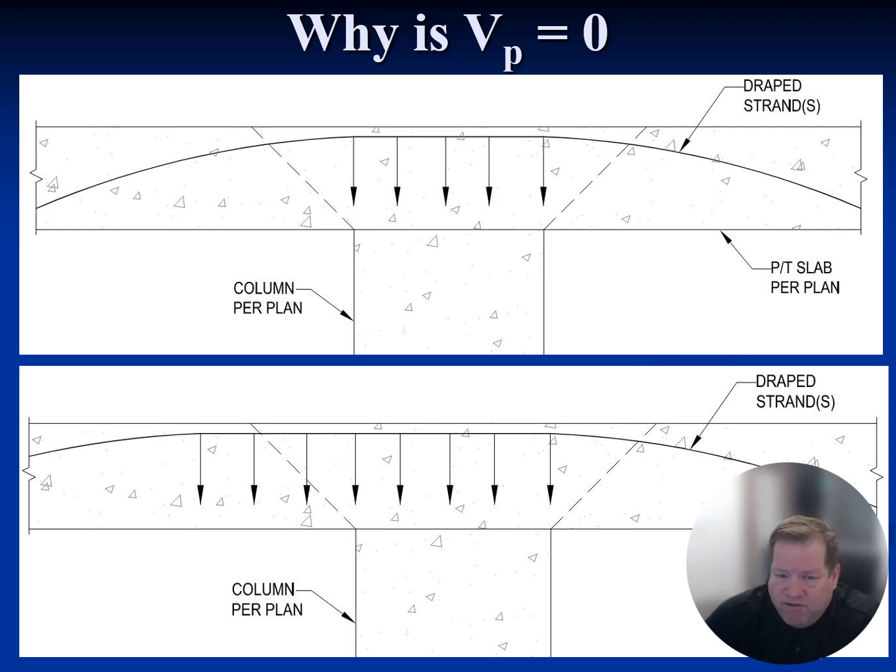So with all of this force, that component, you can increase the capacity, or in the same way you can decrease the demand. The problem with the V sub P term is if the people in the field slightly change the point of inflection where this load comes from, then all of a sudden it's not going into the column core. You've missed it entirely, so you don't get that benefit.